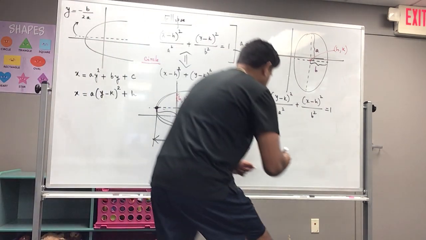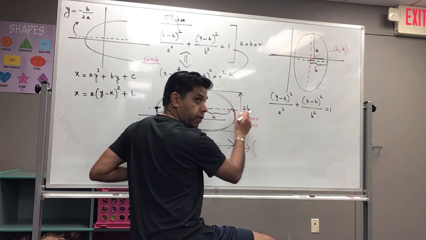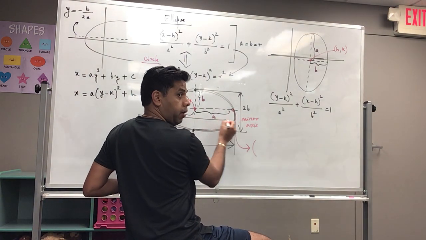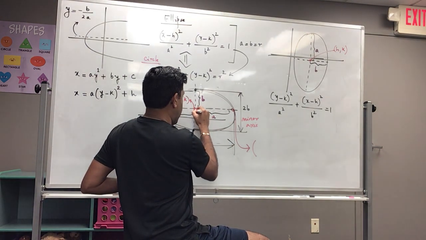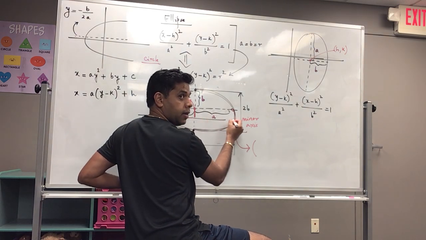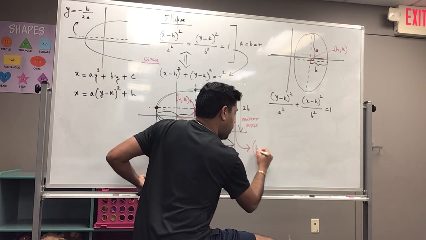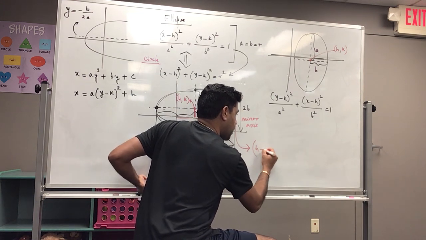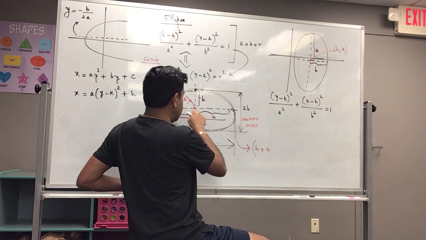So, do you agree the first point is X, right? So this is my X here, am I right? So we know this already is H, this distance. And this is A. Am I right? So this X coordinate would be H plus A, or A plus H. Has the K changed?